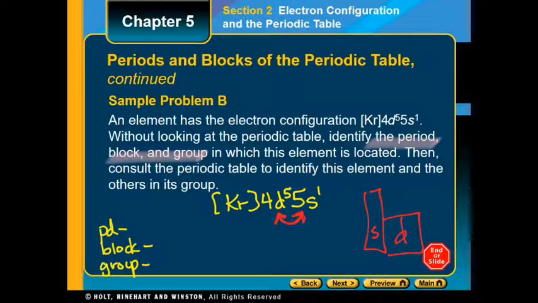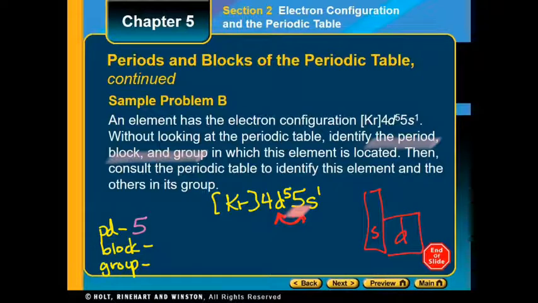In this one right here, the period is going to be the easiest thing to identify because you're looking for the highest occupied energy level. The highest occupied energy level is 5, so this is on the 5th period.